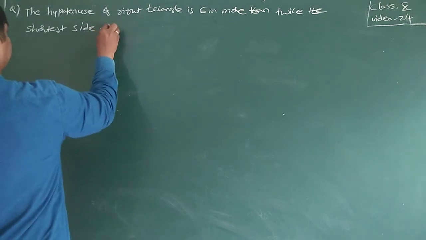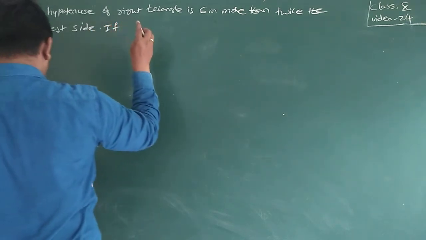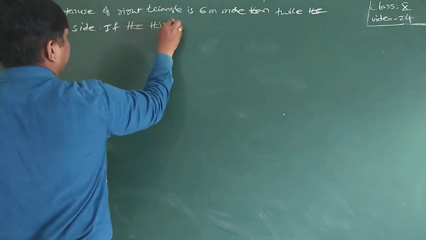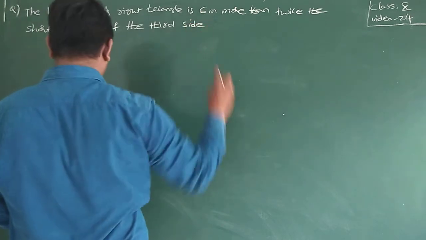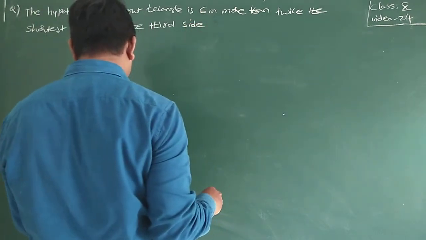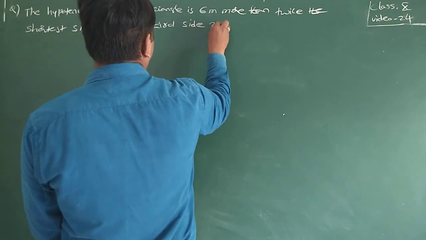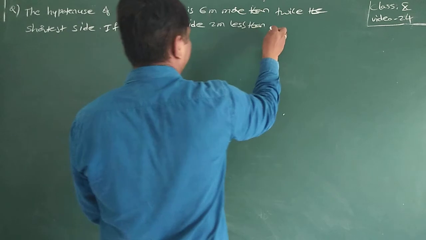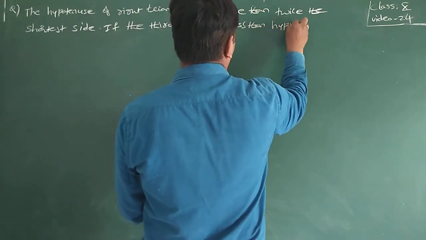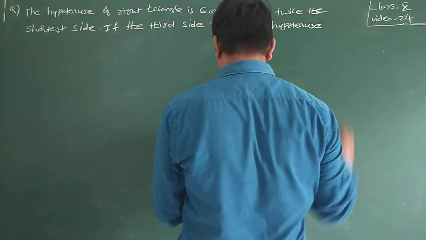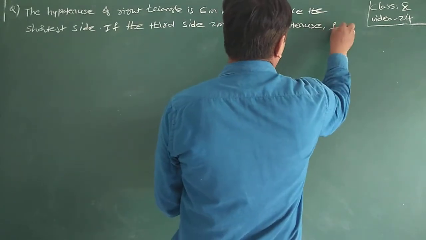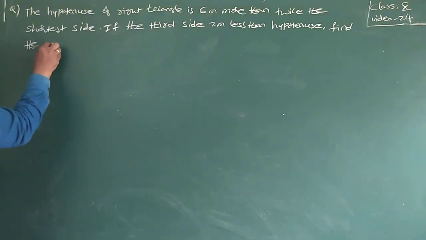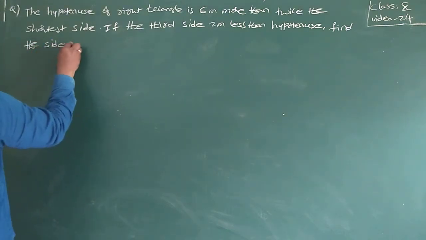If the third side is 2 meters less than the hypotenuse, find the sides of the triangle.